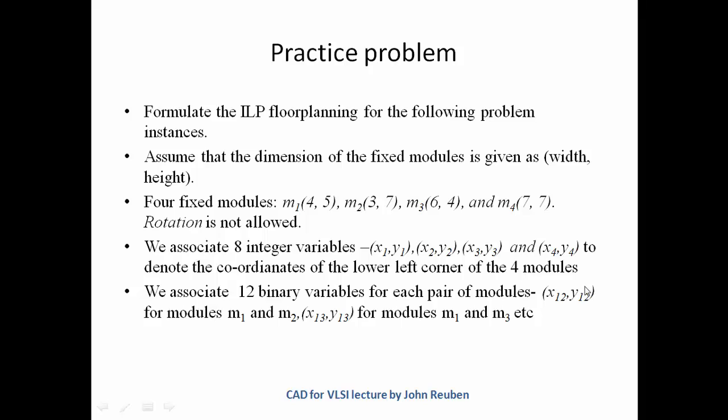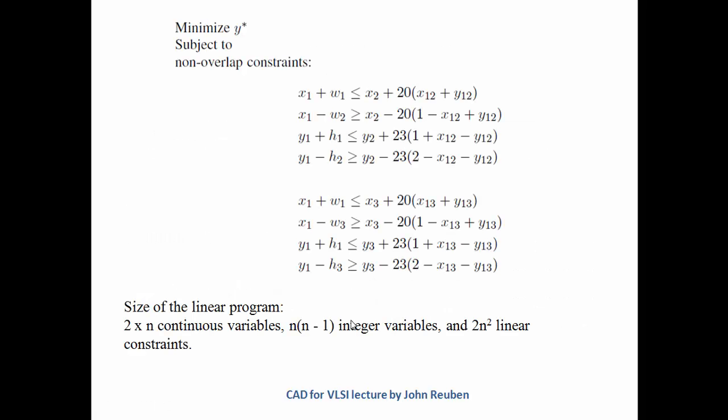So here we are having 4 modules, so we're going to have 6 pairs of modules, and for each pair we are associating variables xij and yij in this fashion. So for modules 1 and 2 we have x12 and y12, modules 1 and 3 you have x13 and y13, and so on. So the set of linear equations are going to look something like this.